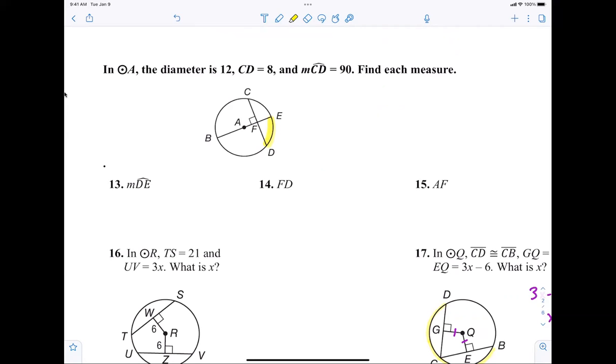Now it says the diameter is 12, CD is 8, and arc CD is 90. And I really think there should be a degree symbol there. Because if they just say 90, you might think it's a length, right? So it's actually 90 degrees. You with me on that, Harrison? Yeah. So now can you tell me what is arc ED or DE?